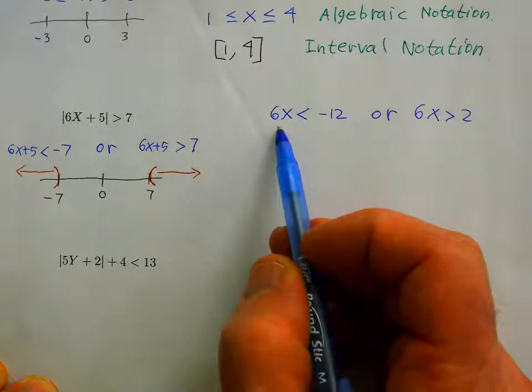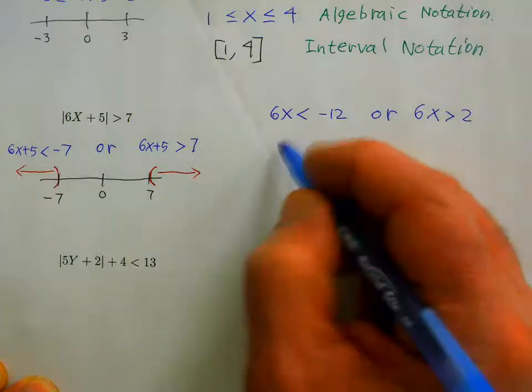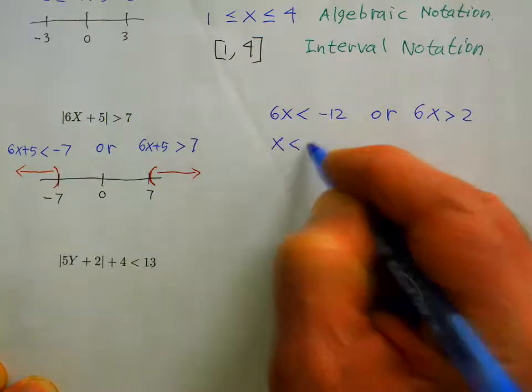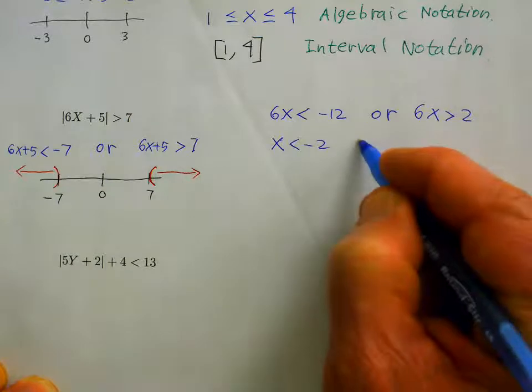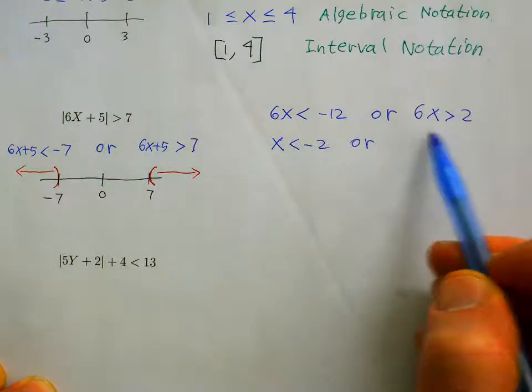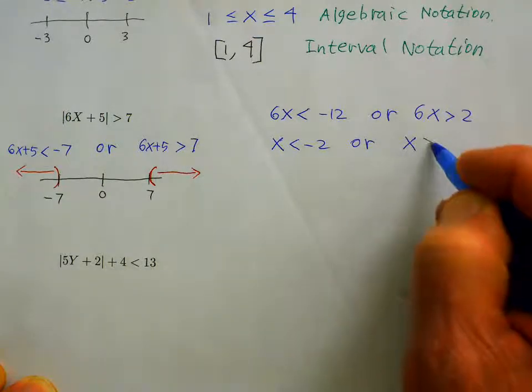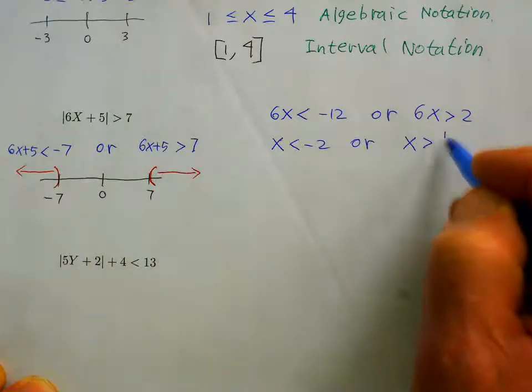If 6x is less than negative 12, we divide both sides by 6. We get x is less than negative 2. Then write the word or. If 6x is greater than 2, divide both sides by 6, we get x is greater than 2 over 6, or 1/3.